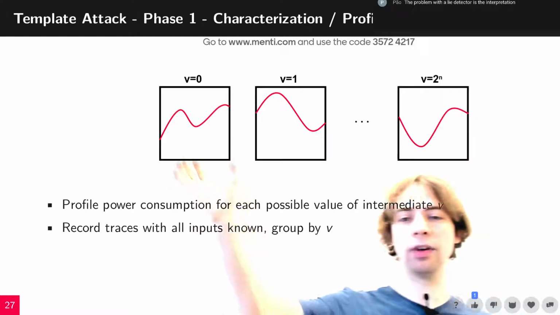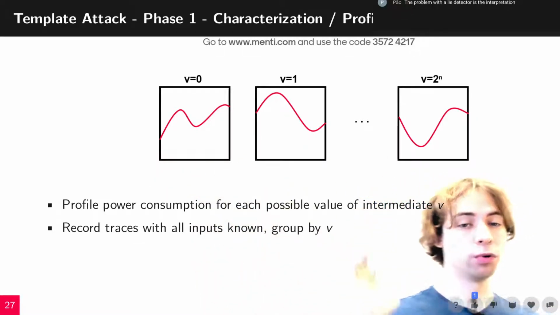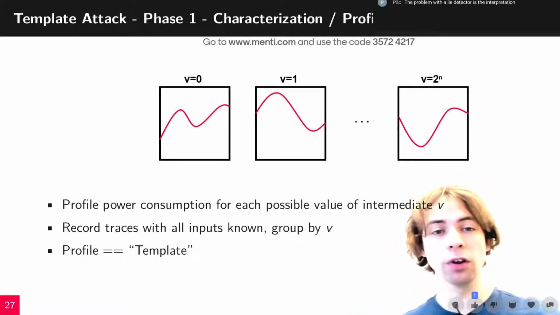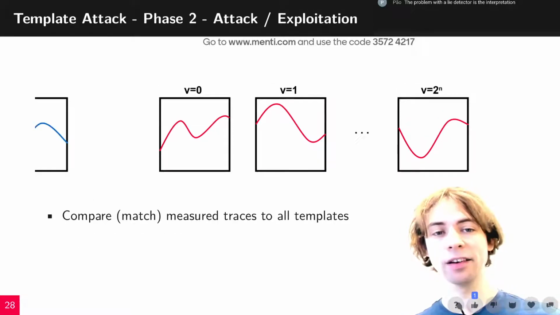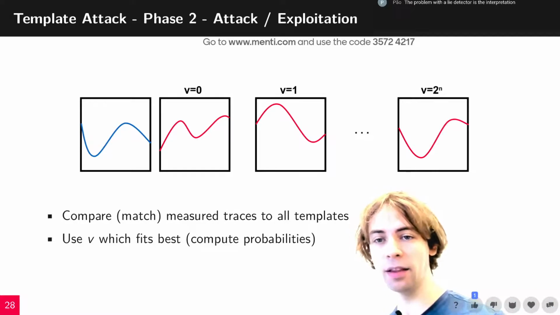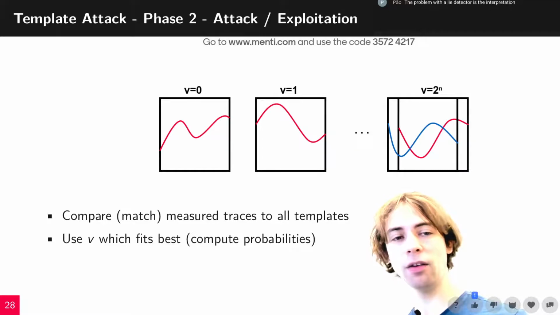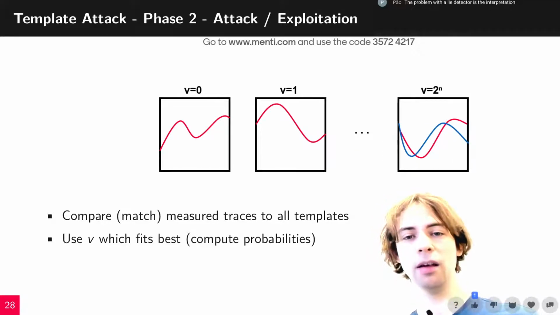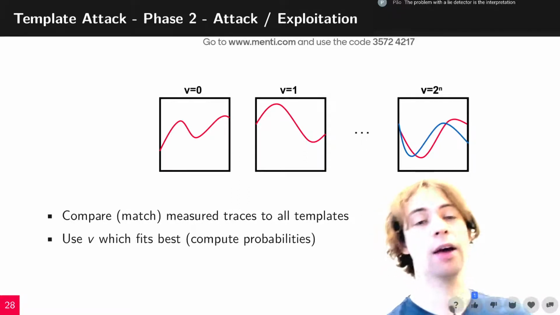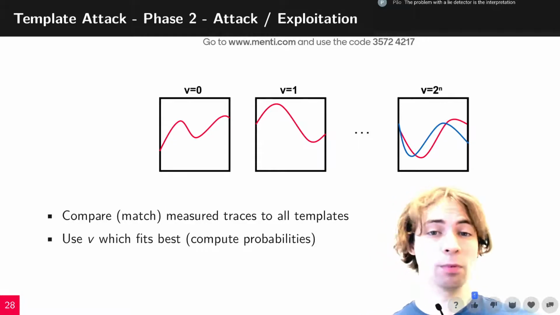You will have many traces for v equals 0, v equals 1, up to v equals 2 to the n. And that's what we call a profile or a template. Then you match the measured trace to all the templates and see which one fits best. You compute the probability, maybe an error function like mean squared error, and that's what we call a template attack.